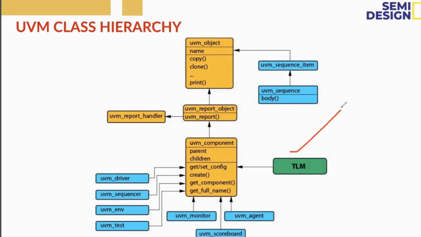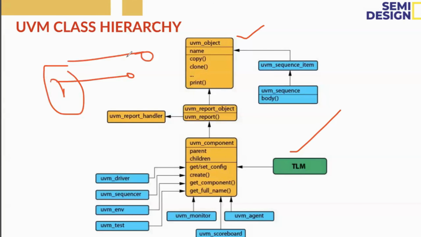We cannot connect to the objects, right? We are not connecting object to object. We are not connecting the driver objects to the monitor objects. We are connecting driver to the monitor. Right, that's why for TLM component is the parent, not object.